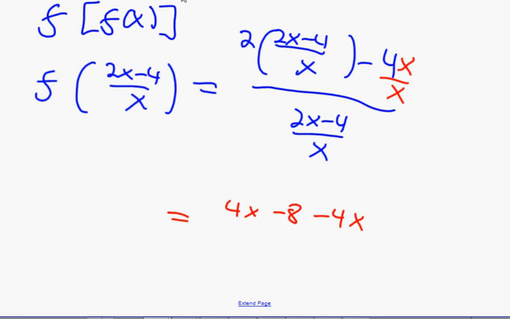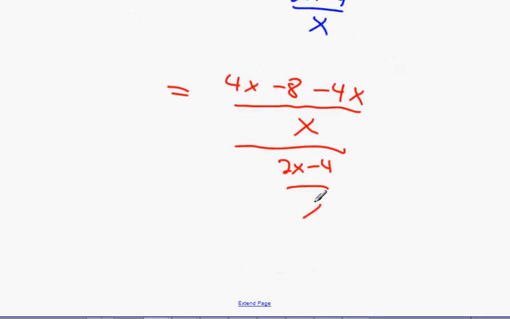And then on the bottom it's going to be 2x minus 4 all over x. Now look at this, guys. 4x is cancelled. And what I'm going to have here is I'm going to bring this up and turn it upside down. So you have minus 8 over x equals x over 2x minus 4.